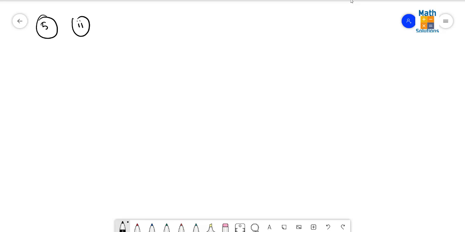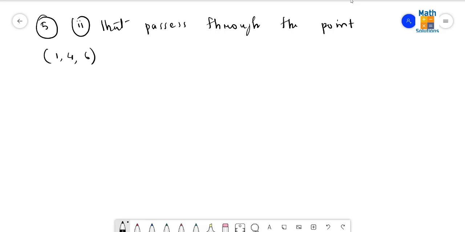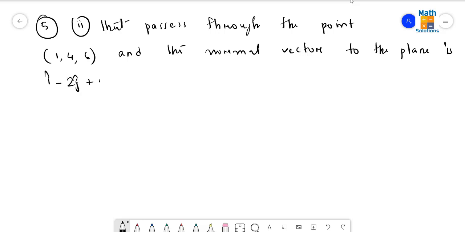We have to find out vector and Cartesian equations of the plane that passes through the point 1, 4, 6 and the normal vector to the plane is i cap minus 2j cap plus k cap.